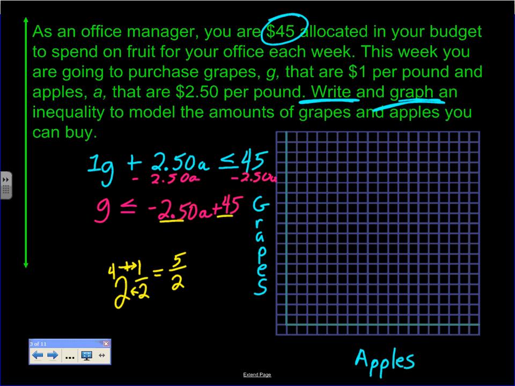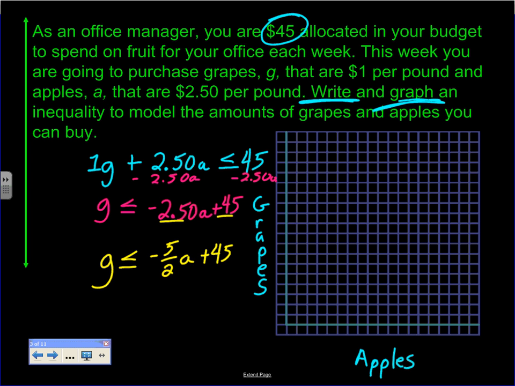The denominator stays the same, 5/2. So G, the grapes, are less than or equal to negative 5/2 A plus 45.